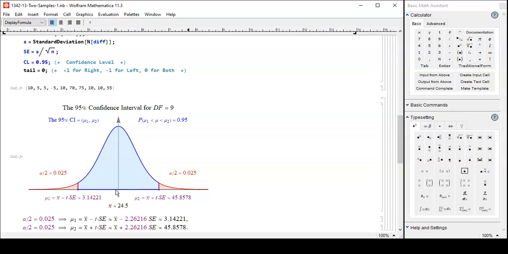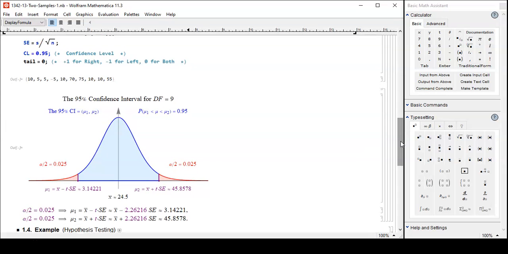And then plus the margin of error, t times SE, minus the margin of error, t times SE, where the t-score is associated to this 95% in the middle, or equivalently speaking, 2.5% to the right, associated to the degree of freedom 9. And if you set up and do the problem right, then you're going to get the confidence interval.